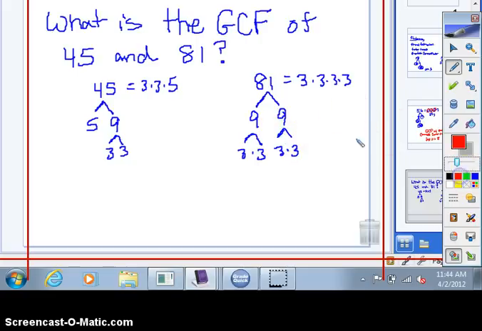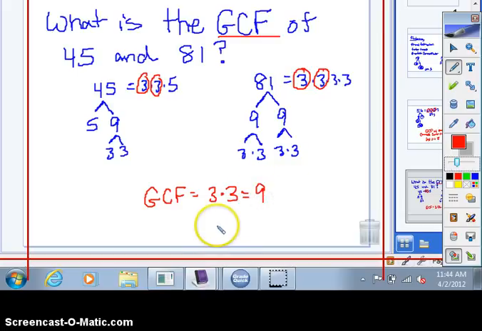What do they share? 2 of them. So the greatest common factor is 3 times 3, or 9. That's what I do.